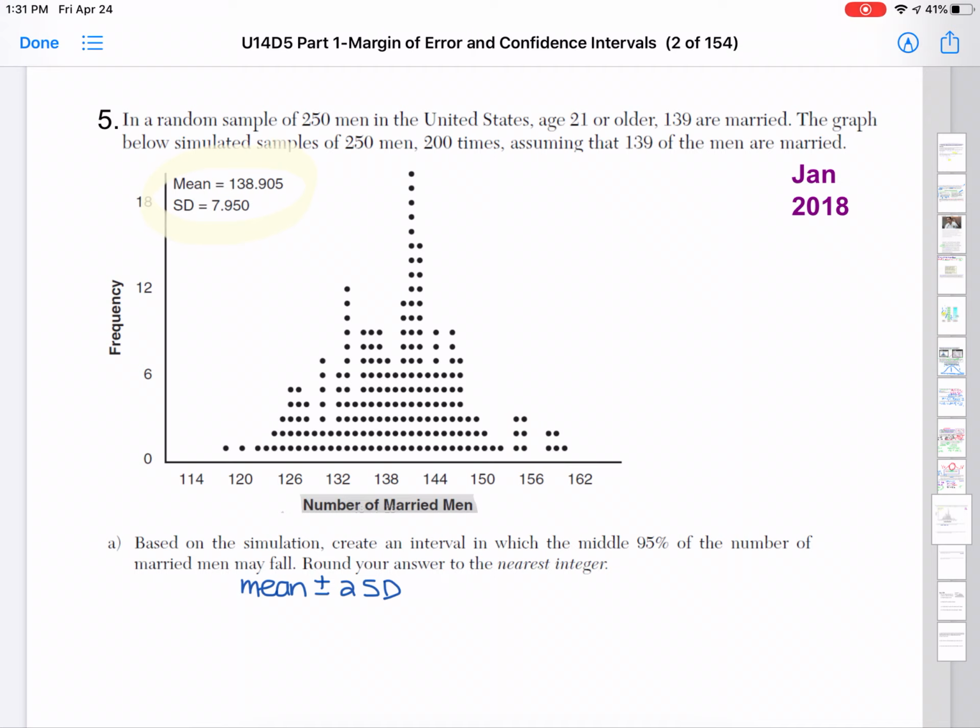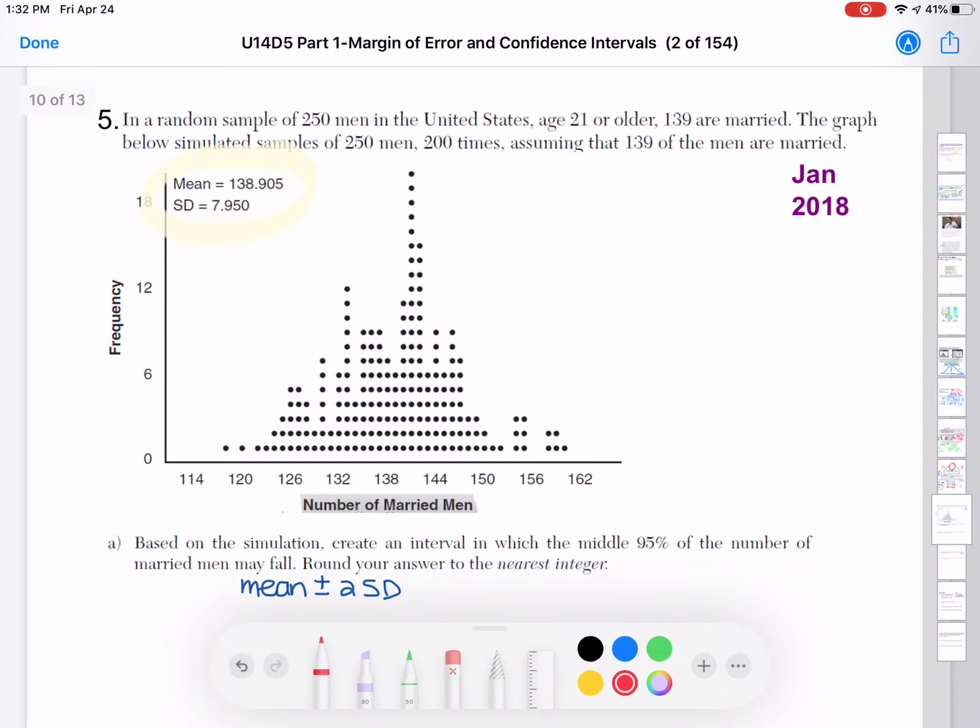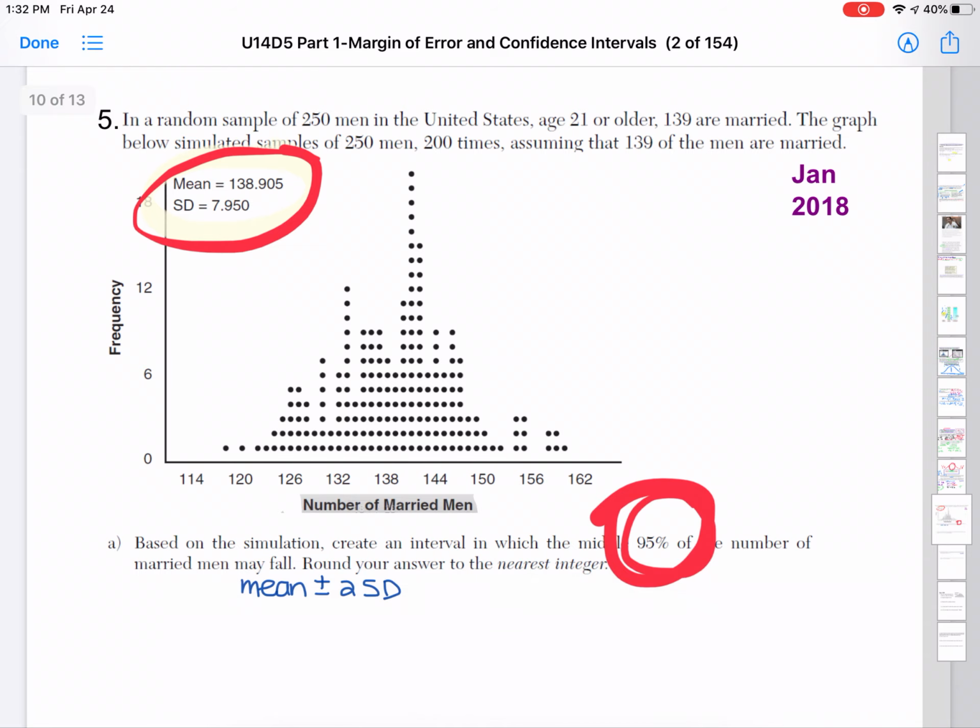So that data was entered into the calculator, and the calculator can be programmed to run a whole bunch of what's called a simulation. It's like pretending that we went out and took all these samples, and they came up with this mean and this standard deviation. It says, based on the simulation, create an interval that represents the 95% confidence interval.